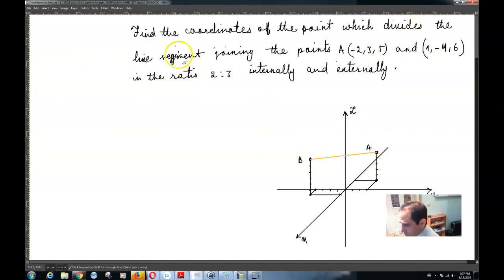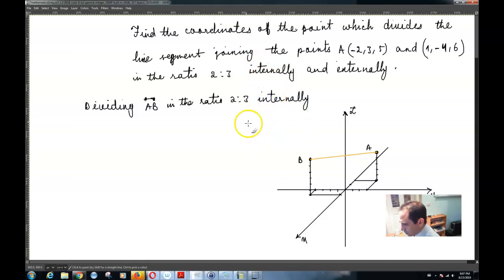So first you're looking for the coordinates of the point dividing the line segment AB in the ratio 2 to 3 internally, let's say.